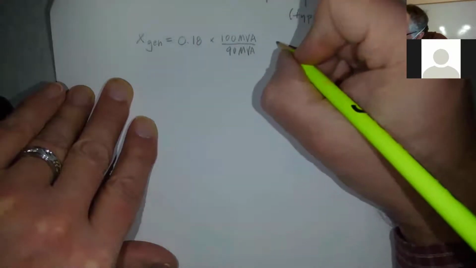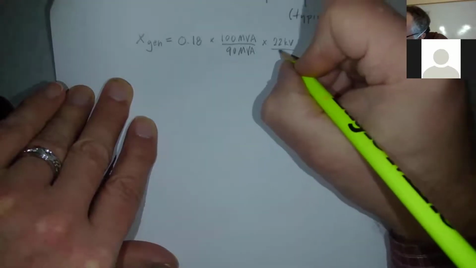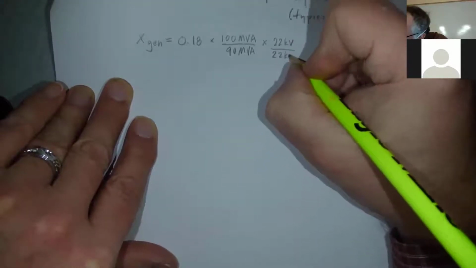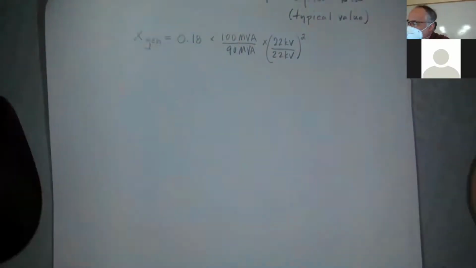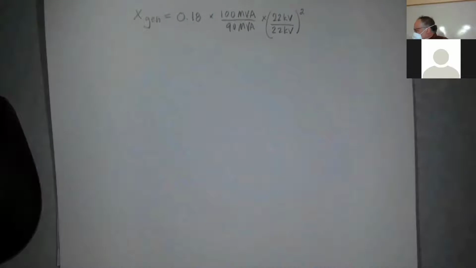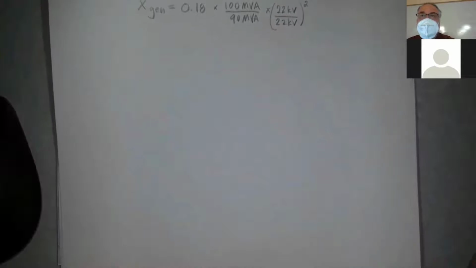Okay. And then the voltage, 22 kV over 22 kV. You square both of those. What's 1 squared? 1 is still 1. Okay? Does that make sense to everybody? Okay.